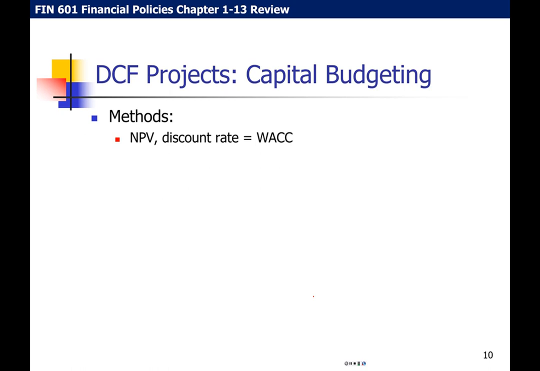So what you're essentially doing is discounting all the future cash flows and then subtracting the initial investment. Okay, and the rate you're discounting at is WACC.